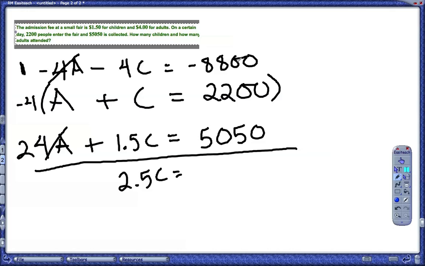And -8,800 plus 5,050 is going to give us -3,750. So now we divide both sides by -2.5.